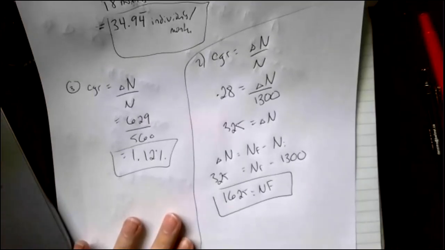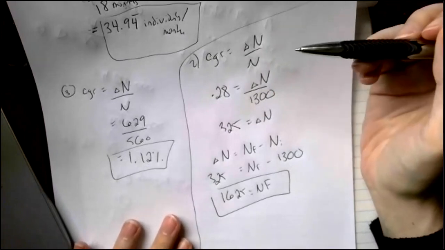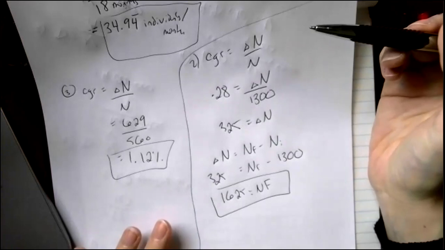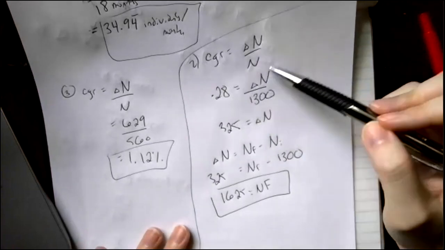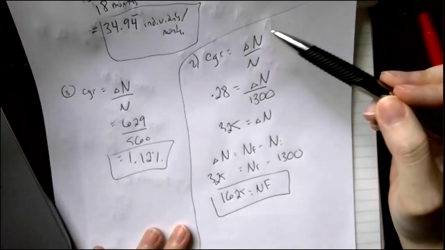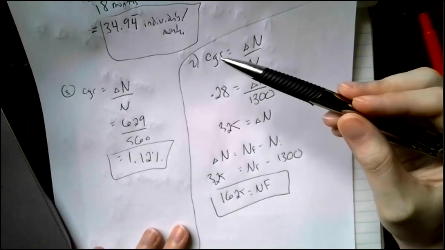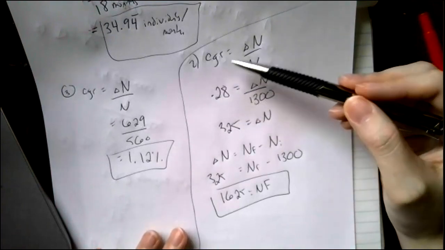Okay, for the second question, it gives us the amount that the population increased by, the 28%. So that is our per capita growth rate. So I know that I'm going to be using my per capita growth rate formula. Anytime we have a percentage, we turn it into a decimal to use it. So we'll plug in 0.28 as our per capita growth rate.